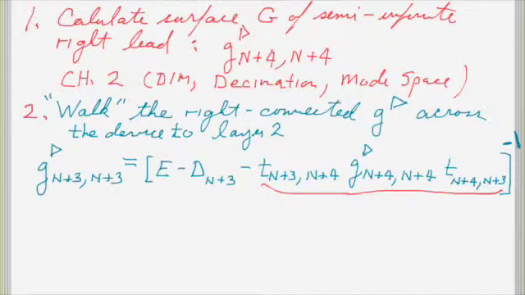So all those algorithms in chapter 2 rely on the system being periodic, nothing changing from unit cell to unit cell. As soon as we leave these flat band regions, that's no longer true.